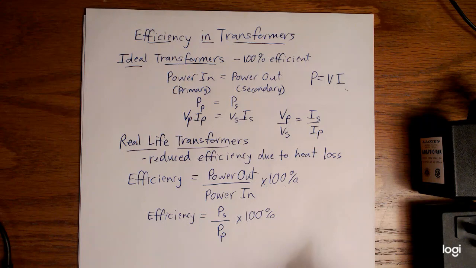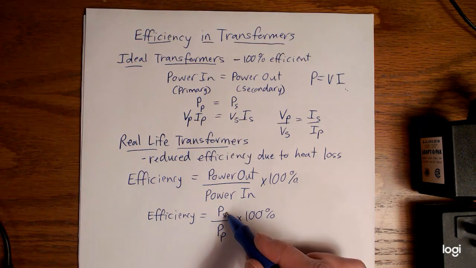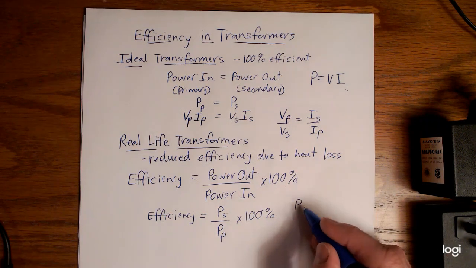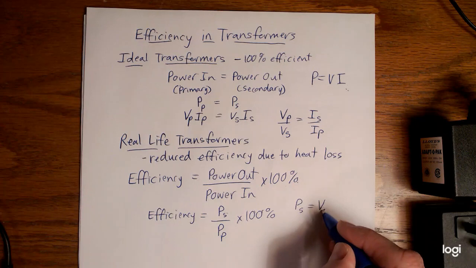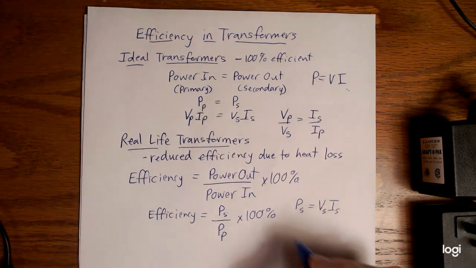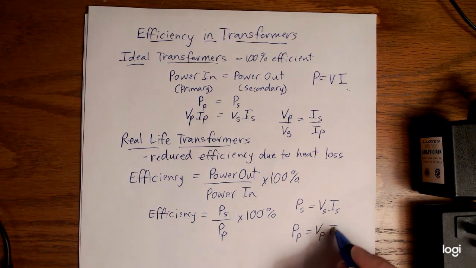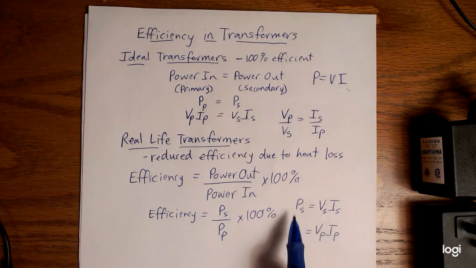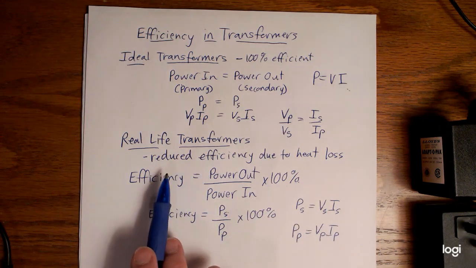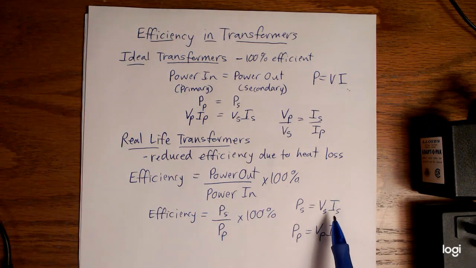There will be a few examples of these in some of the homework, so you can try those out. For the power in the secondary, you can still use the same equations: voltage in the secondary, current in the secondary for the numerator, and then for the denominator, voltage in the primary, current in the primary. In this case, it's an efficiency question when you are given all four values, and you'll wonder what there is to calculate.